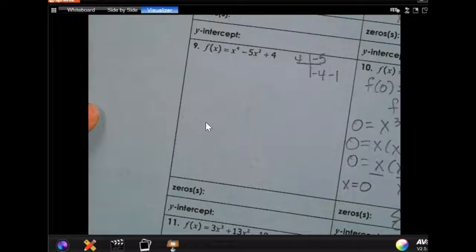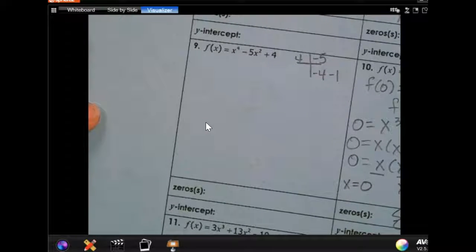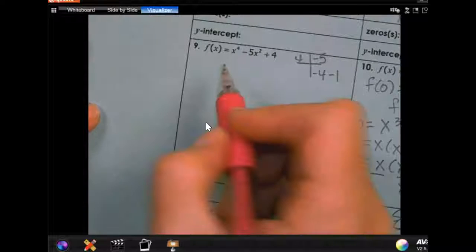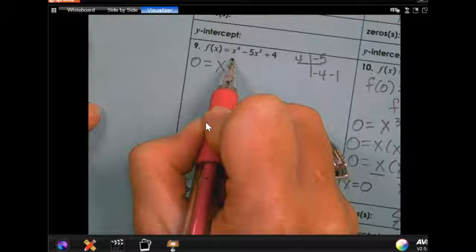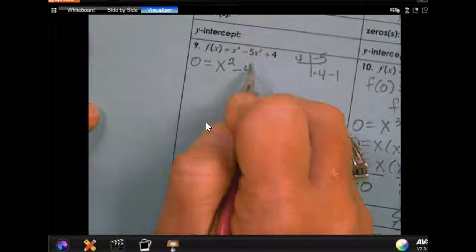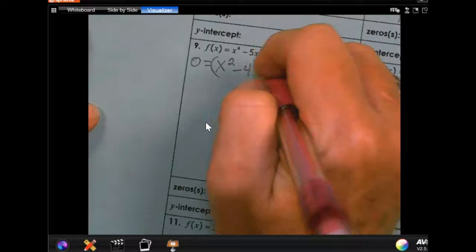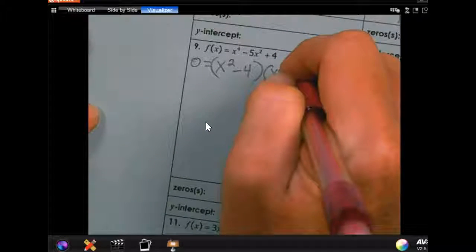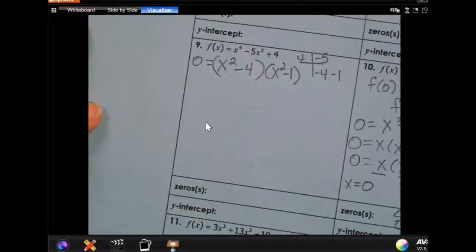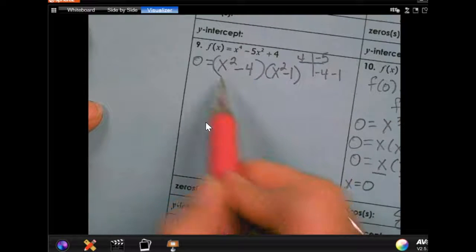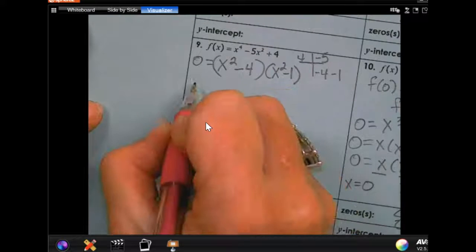So if x times x gives me x squared, what times what would give me x to the 4th? X squared, right? So if I put 0 equal to x squared minus 4 and x squared minus 1. So the first one, x squared minus 4, does anybody recognize that?